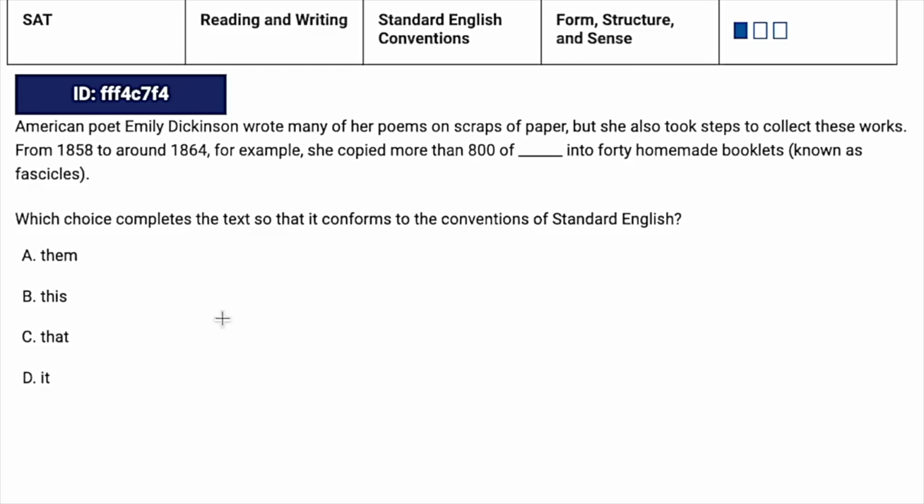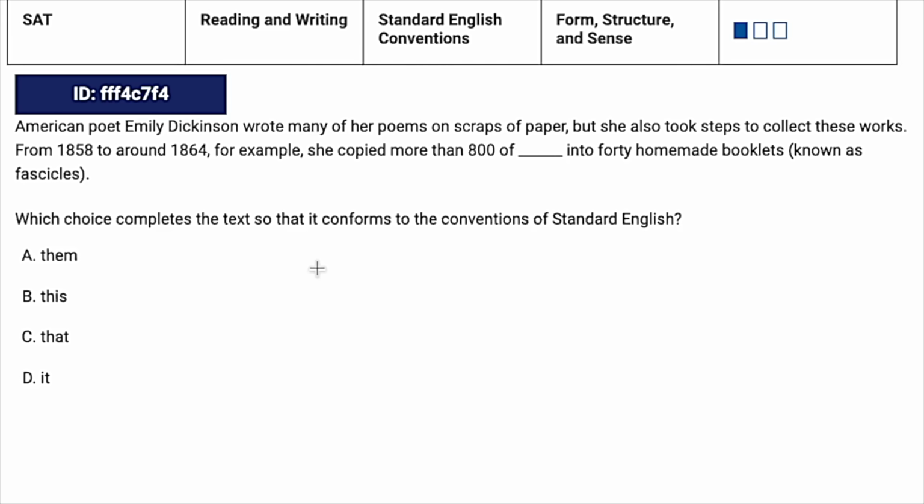Let's start with an easy example. So step one, I need to find my antecedent. And for context, I usually like to read the whole thing. American poet Emily Dickinson wrote many of her poems on scraps of paper, but she also took steps to collect these works. From 1858 to 1864, for example, she copied more than 800 of blank into 40 handmade booklets.